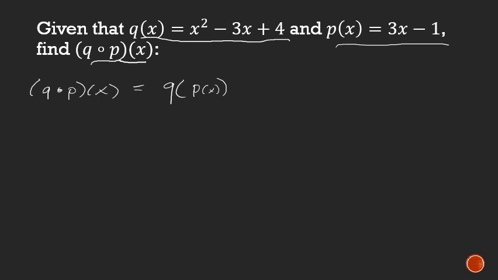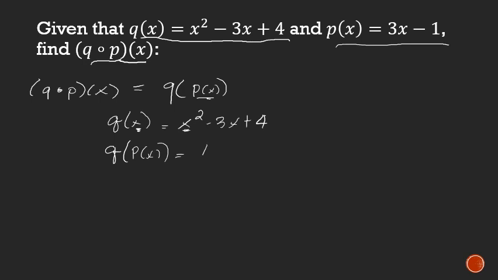Now, the value of x in q of x is the p of x. If we have q of x equals x squared minus 3x plus 4, then the value of x here will be the p of x. Therefore, we have q of p of x equals, the x becomes the p of x.